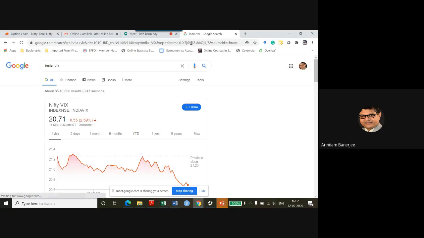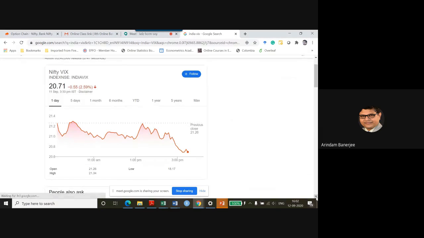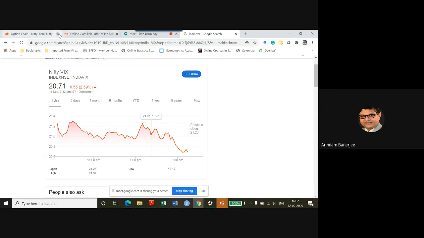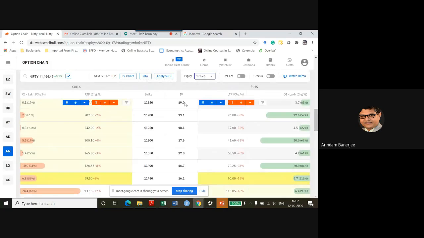In every newspaper you will find it. This India VIX, or volatility index, is actually calculated on the basis of option prices only, right? So this is a one-point measure of the option chain. In the option chain, for every strike there is an implied volatility.